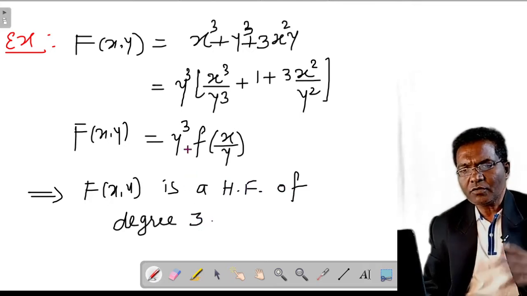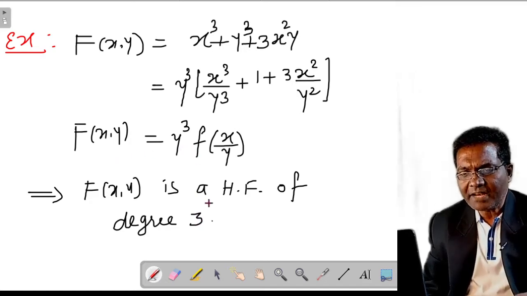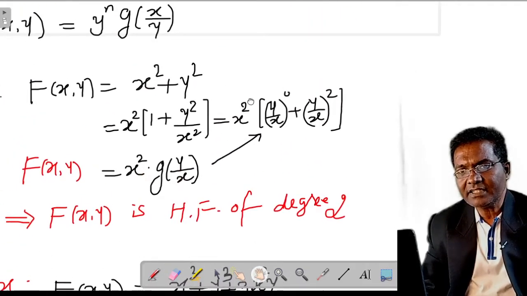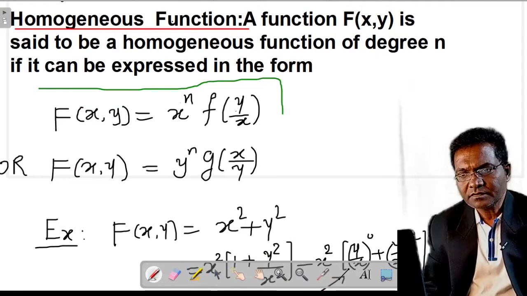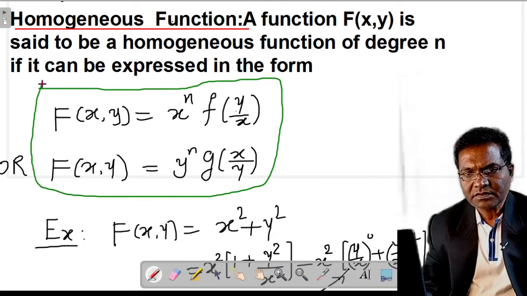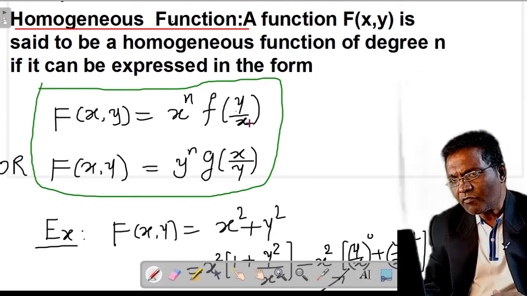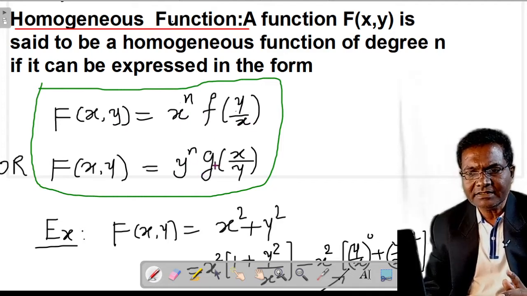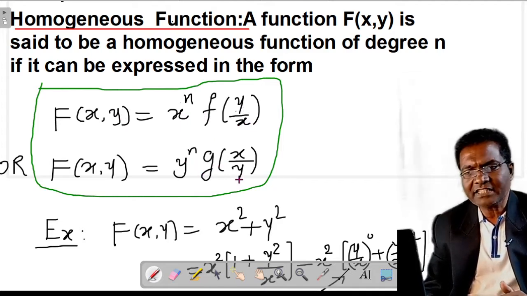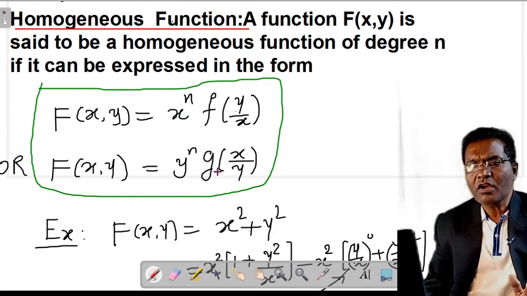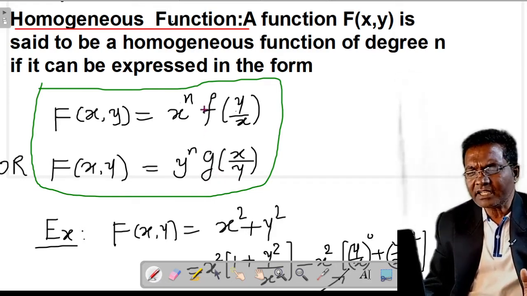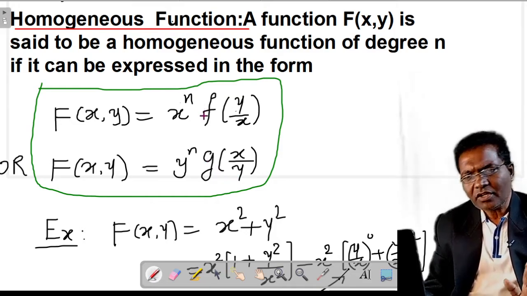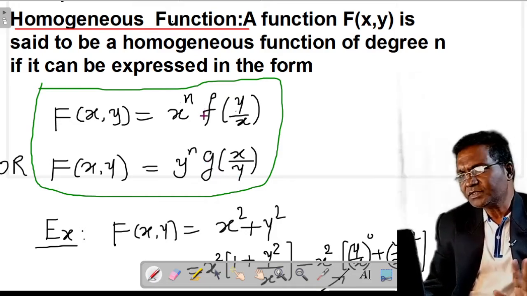Okay, so any function which can be expressed in this form, x power n f of y by x or y power n g of x by y, such functions are called homogeneous functions of degree n. N can be any positive integer or it can be 0.